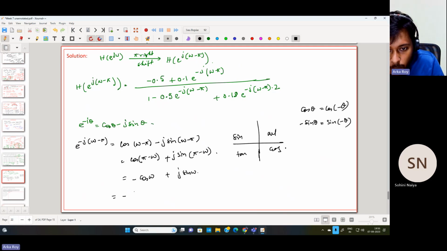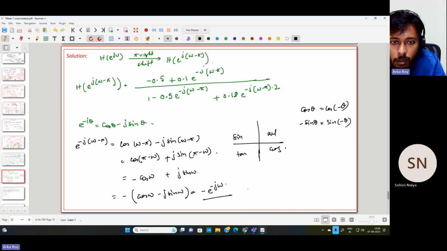So if I take negative common, it will be cos ω minus j sin ω. It will be minus e^-jω. So therefore, e^-j(ω-π) will be minus e^-jω.